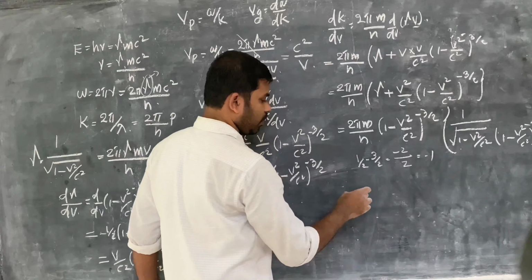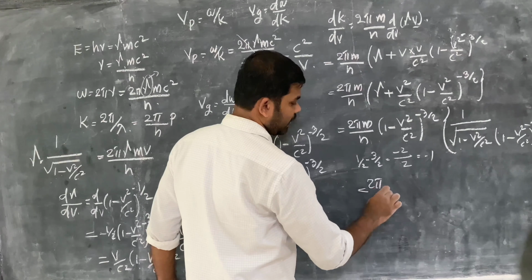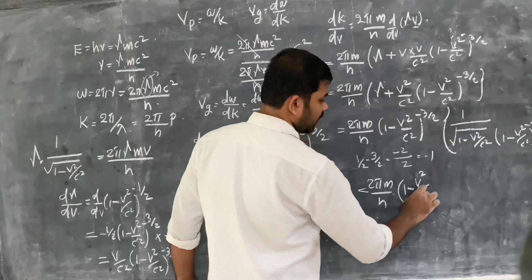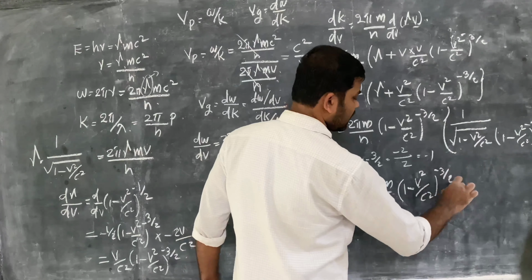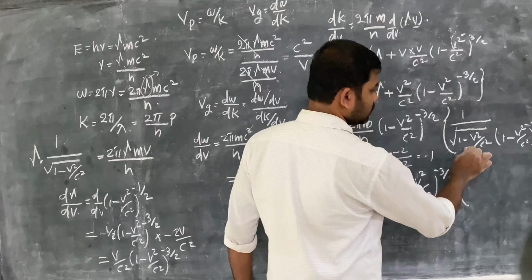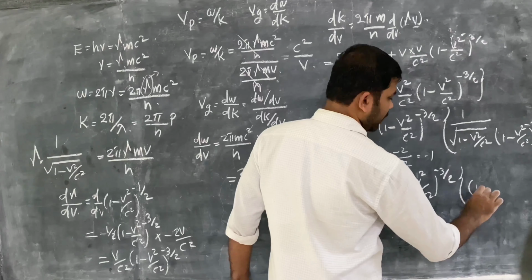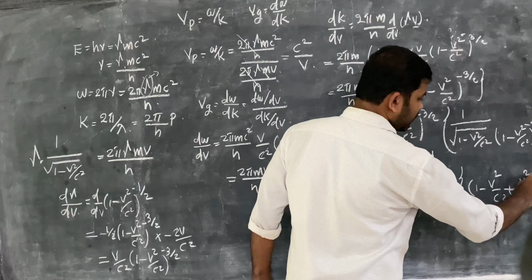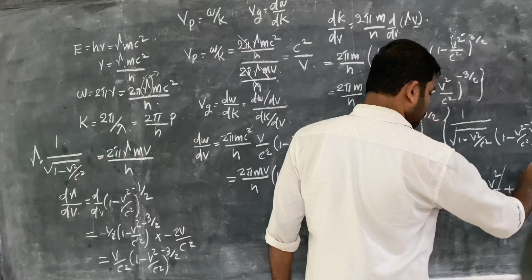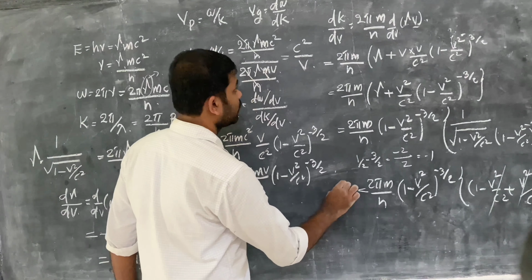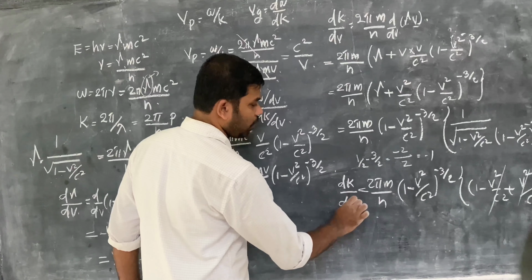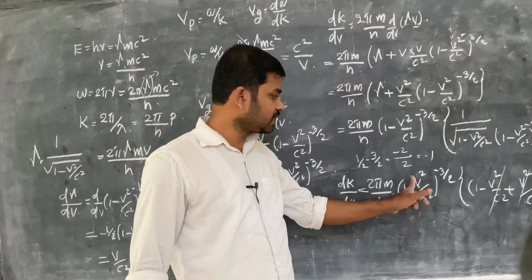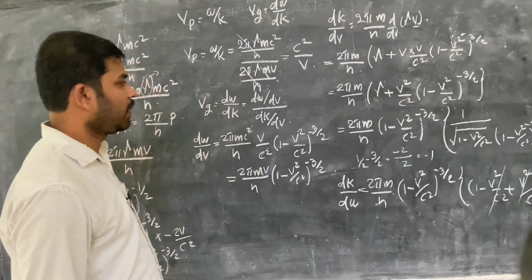So it will come up as 2 pi m divided by h into (1 minus v square by c square) all raised to minus 3 by 2 times 1 minus v square by c square, then plus v square by c square. So these two terms will cancel. So finally you will get dk divided by dv is equal to 2 pi m divided by h into (1 minus v square by c square) all raised to minus 3 by 2.